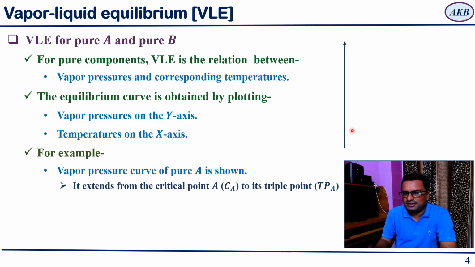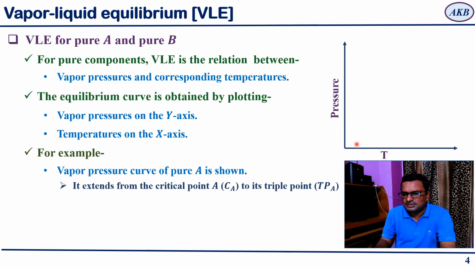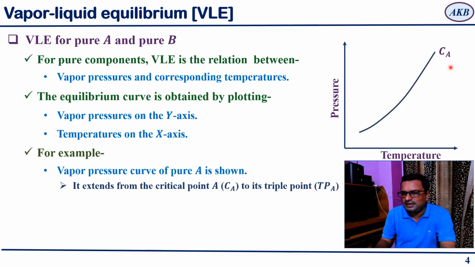Here, you have pressure plotted on the y-axis and temperature on the x-axis, and you get the curve extending from the critical point of A to its triple point.